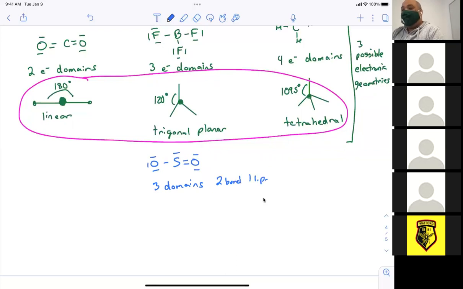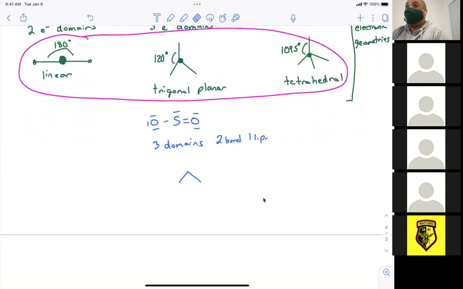Now, the electronic geometry is still trigonal planar. But now let's pretend we replace one of these lines with a lone pair. Now it's no longer part of the shape. If you had to guess what shape this is, what is it?